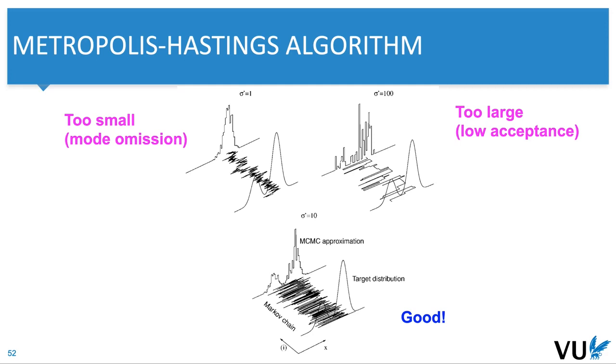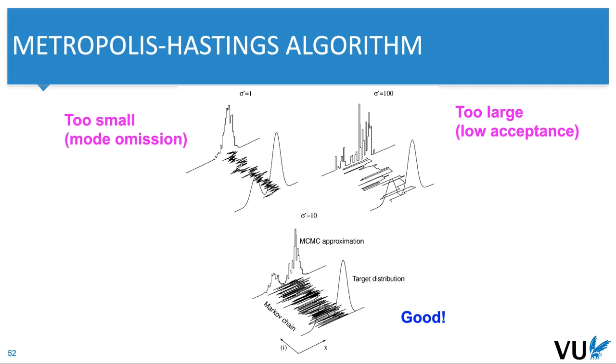When the variance is too large, we jump a lot, and you see that this chain is actually like a lot of step functions. So it is stuck in some places. The acceptance probability is very low for so many points, that actually the number of accepted points is too small, all right?